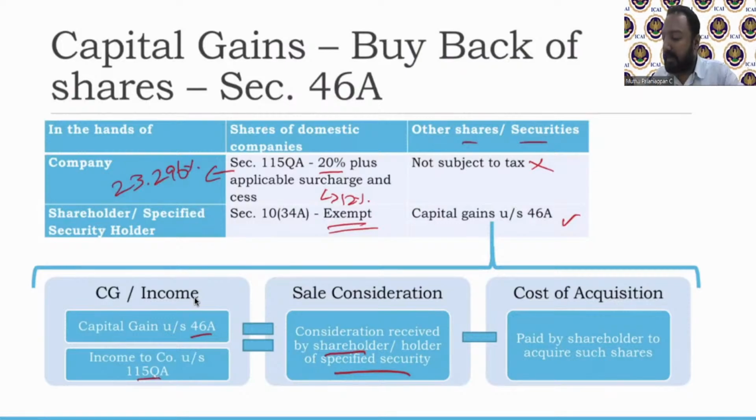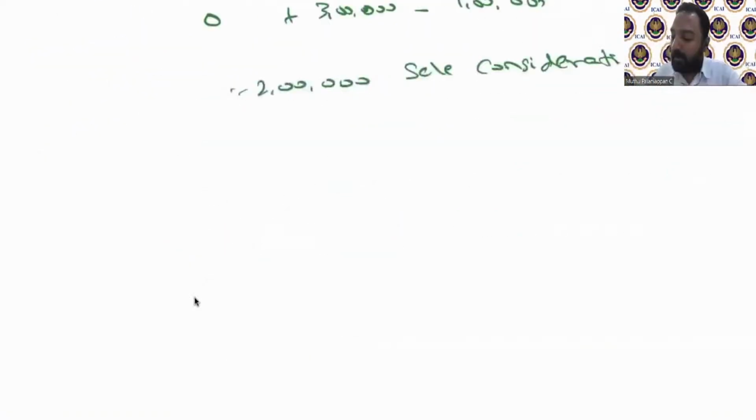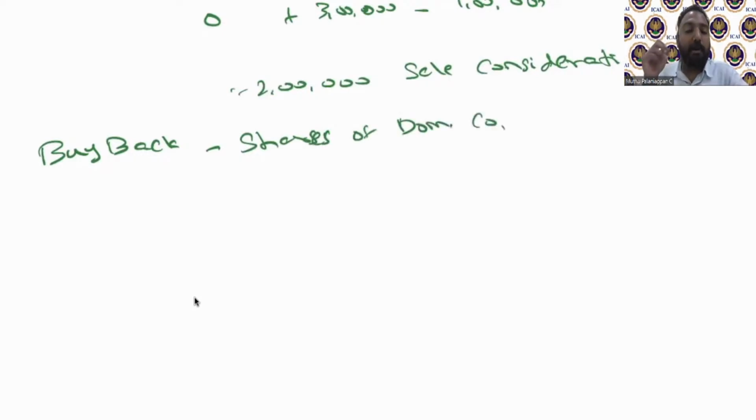So we are talking about buyback of shares of a domestic company. What is a domestic company? A company incorporated in India under the Indian Companies Act 1956 or now the Companies Act 2013.